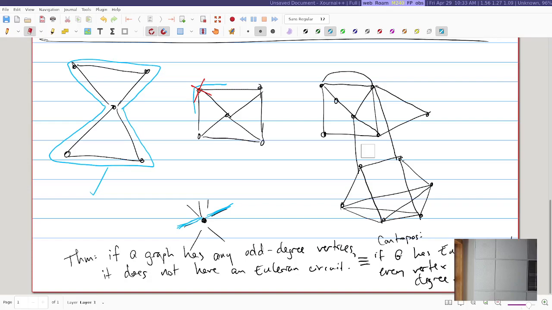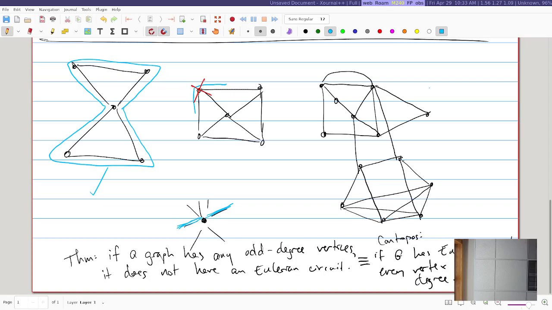Fortunately, computers can do this for us, right? We don't have to actually sit there and stare at graphs in real life. And this one up here has degree 6, actually. So every vertex in this graph has an even degree.